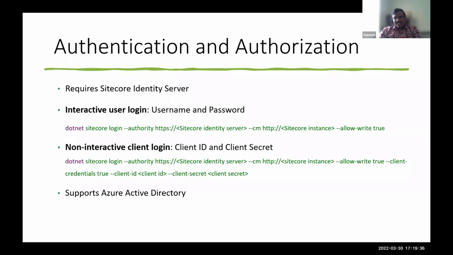The interactive user login uses a device code flow. Once you pass the login command, after passing the Identity Server URL and the CM URL, it will open up a browser where you can key in the username and password, and it will return to your CLI session by creating a user.json file which contains the access token, the refresh token, and other details. So that's the interactive user login.